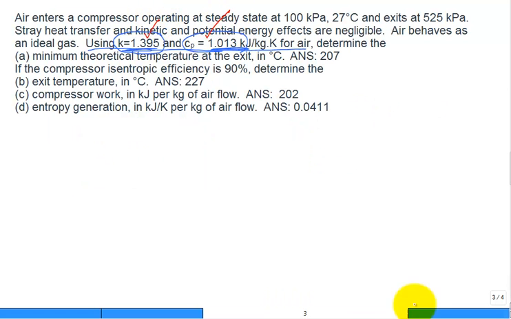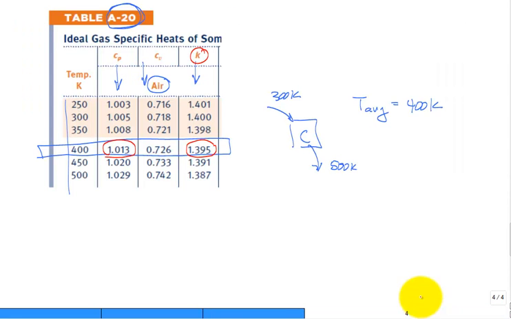Now somebody says, well, let's say I don't really know the exit temperature. I could have picked the values like 1.400 for K and 1.005. That would be basically a cold air standard analysis type of calculation, but it wouldn't be as accurate, because the air is undergoing an increase in temperature through the compressor, and the average temperature isn't 300.